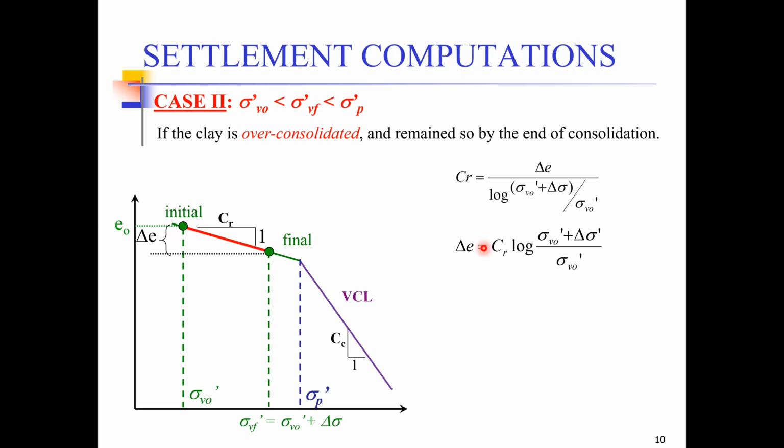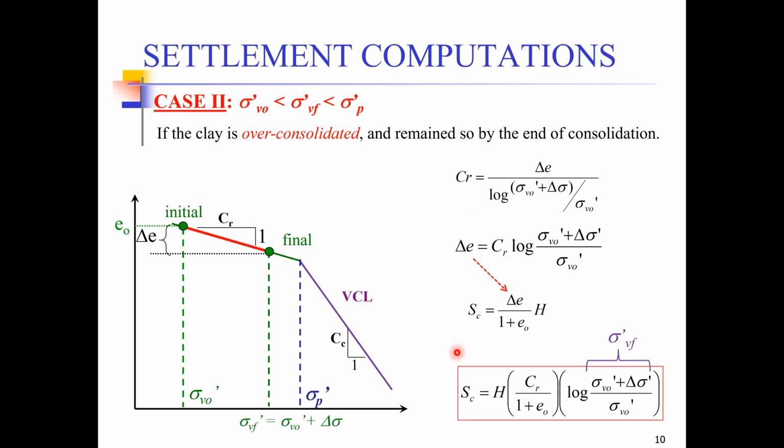So what is our ultimate objective? Our ultimate objective is to determine the consolidation settlement. And if we want to determine the consolidation settlement, we have to insert this value of delta e in the basic consolidation equation that we have derived earlier. And when we replace this whole equation over here, we come up with this final equation of consolidation settlement.